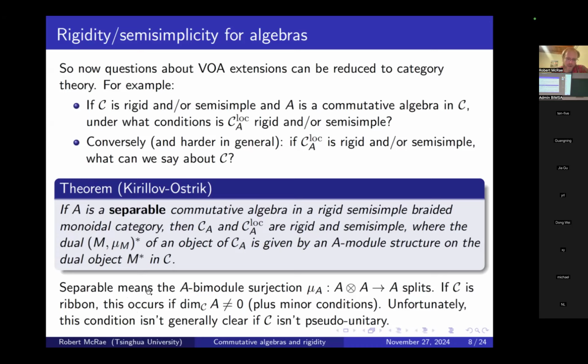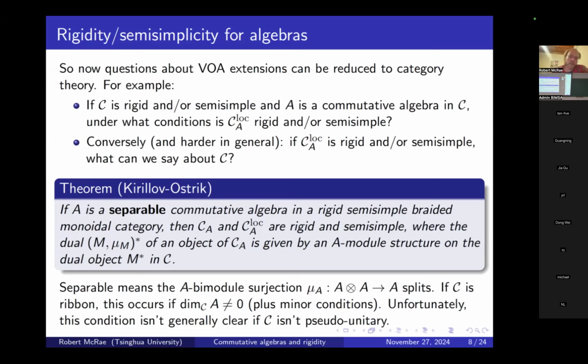And separable means, just to be precise about this, that if you look at this multiplication, A tensor A to A, this is a morphism of A bimodules. And separable just means that this A bimodule surjection splits.